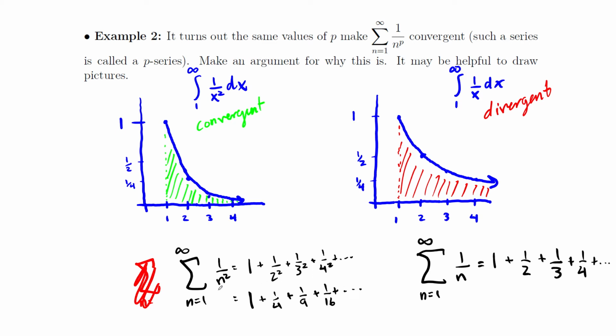So here's my question. We already know, because they told us, that the same values of p make series convergent and divergent. So we know that this should be convergent, right? We know that the other one should be divergent. And so I want you to think about why that is geometrically.